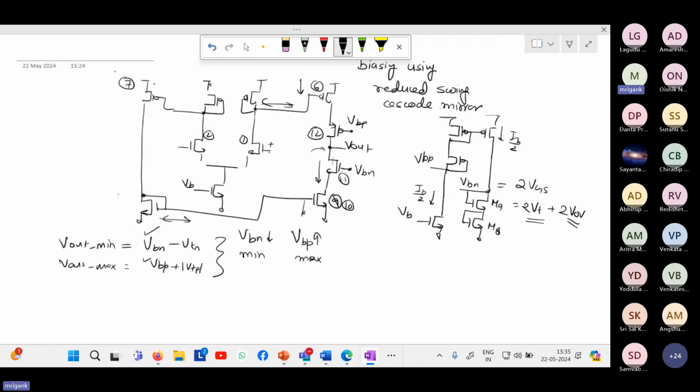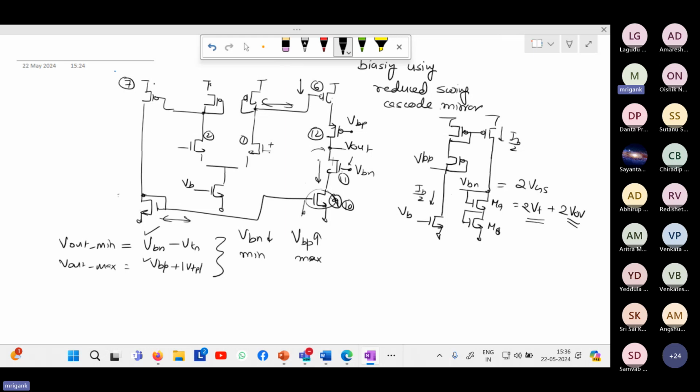But now we are forcing the gate voltage of VBN to go down. Therefore, the VGS will remain the same, the source voltage will go down, and then this transistor will enter into the triode region, right? So we can't arbitrarily make M9 large to get a lower gate voltage, because that will push M10 into triode.